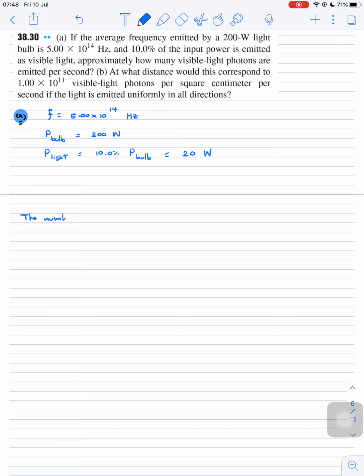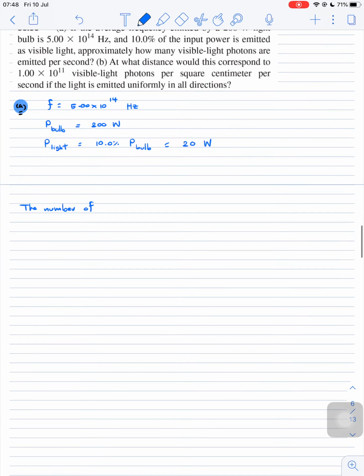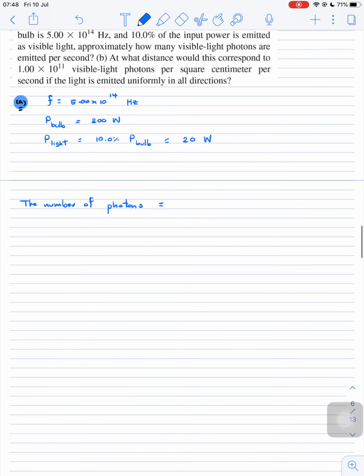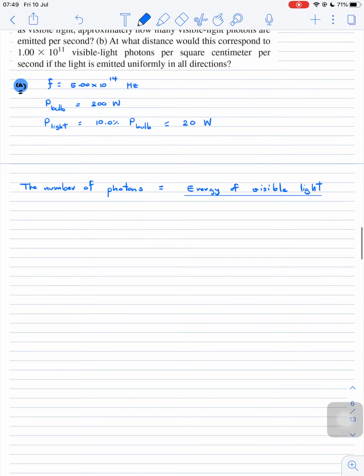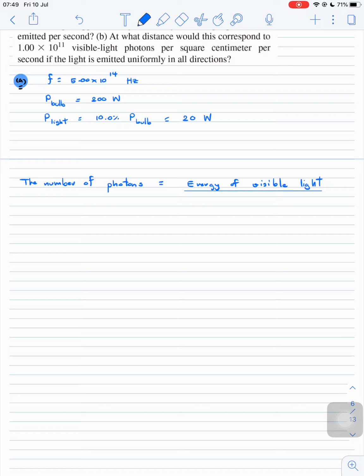So we want to find the number of photons. If we know the energy of the visible light, and each photon has the energy equal to hf, let's divide by the energy of each photon.